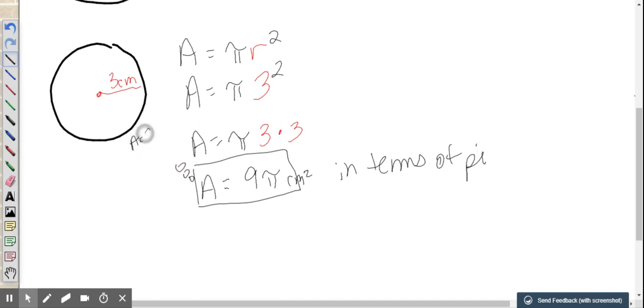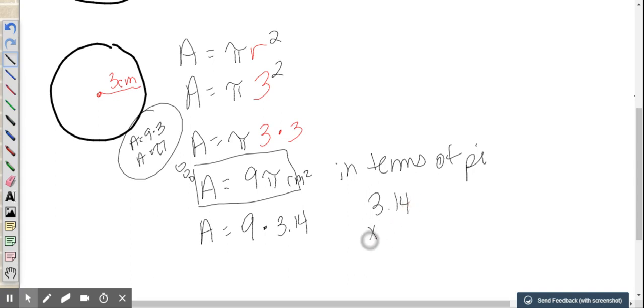We can say the area is 9 times 3, which is about 27. Or we could find the actual area equals 9 times 3.14. And this is only in case they didn't want it in terms of pi and the estimate wasn't close enough. Now we had to multiply by pi.